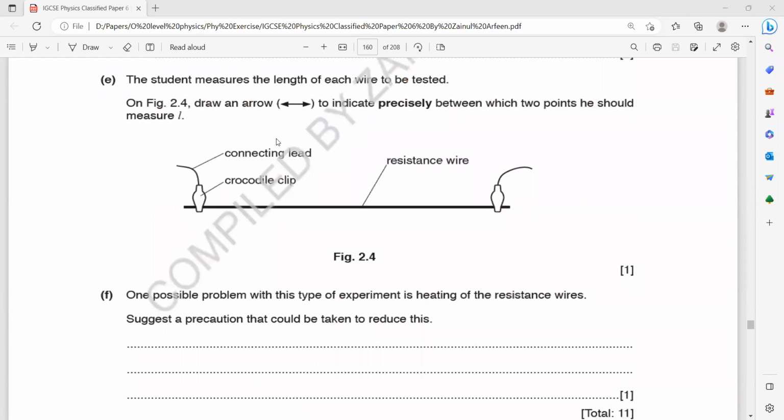Then the student measures the length of each wire to be tested. On the figure, draw an arrow, a two-direction arrow, to indicate precisely between the two points that he should measure. What is the length he should measure? You can use screen annotation.